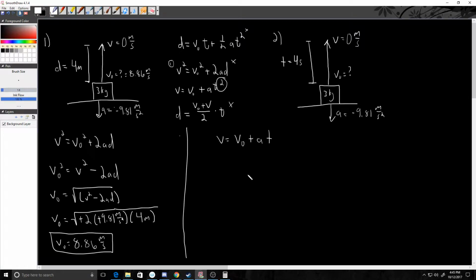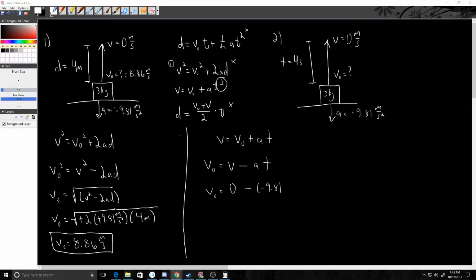All right, so now I'm still looking for VO, so I need to get that by itself again. So in this case, VO is equal to velocity minus acceleration times time. All right, so now I can plug in some numbers. V once again is 0. 0, we're subtracting negative 9.81.